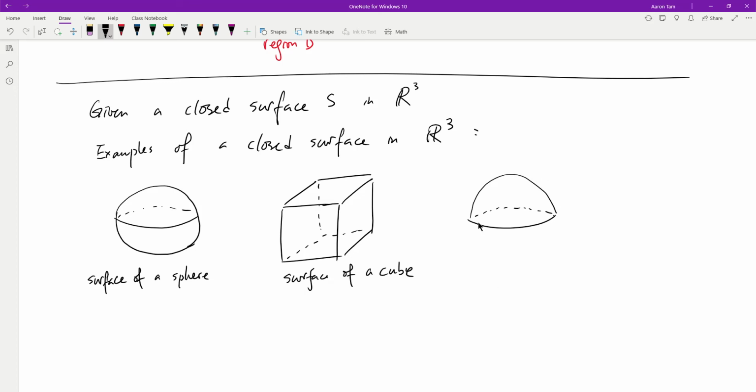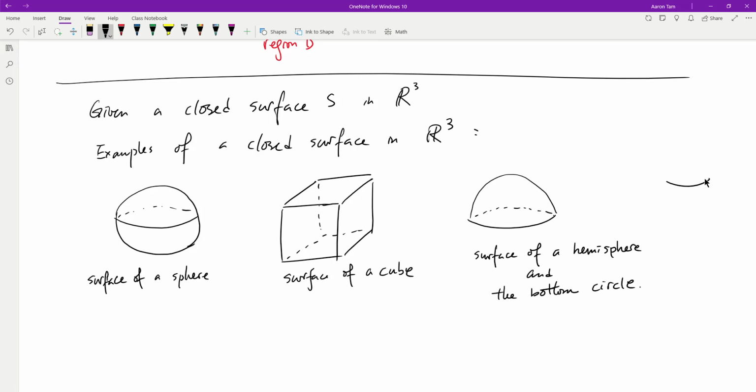So for a hemisphere, we have the top hemisphere and also a circle on the bottom that will completely enclose it. If you just have the hemisphere on top without the bottom circle, then you actually don't have a closed surface. So that would form a closed surface, but without the bottom, it doesn't work, of course.